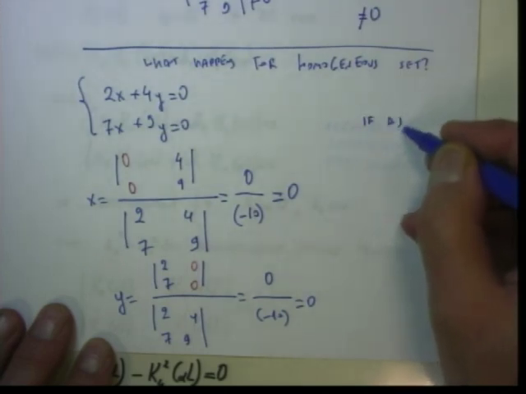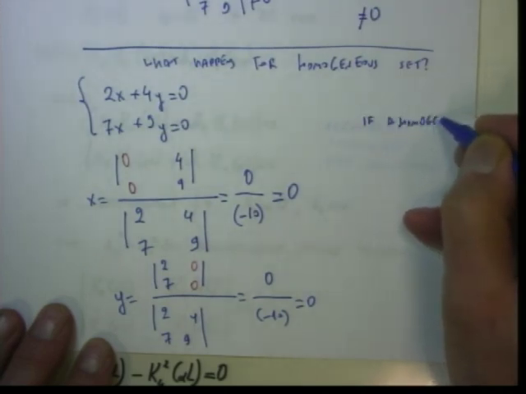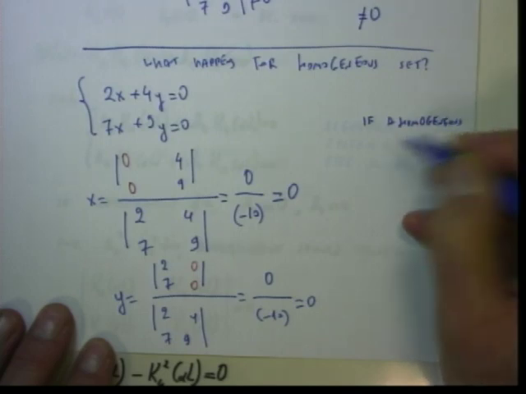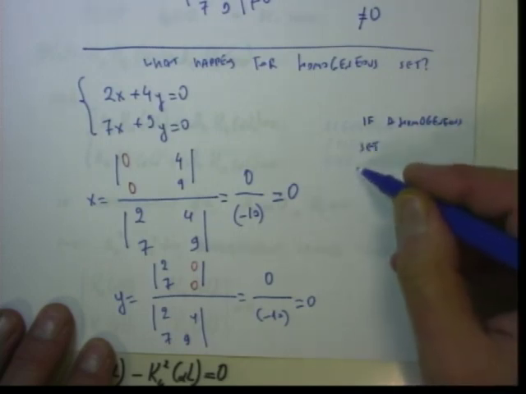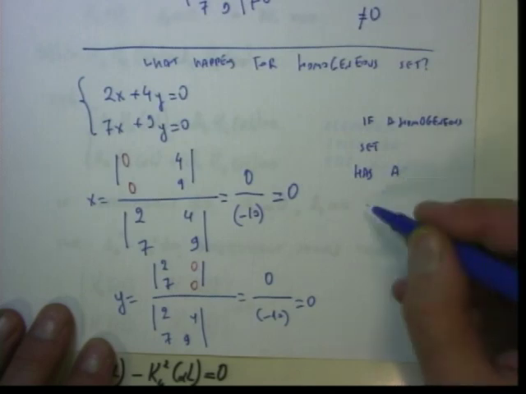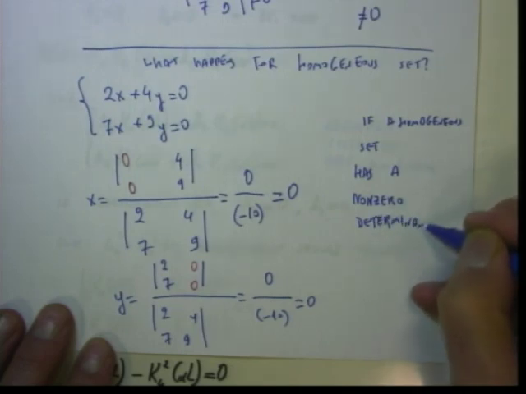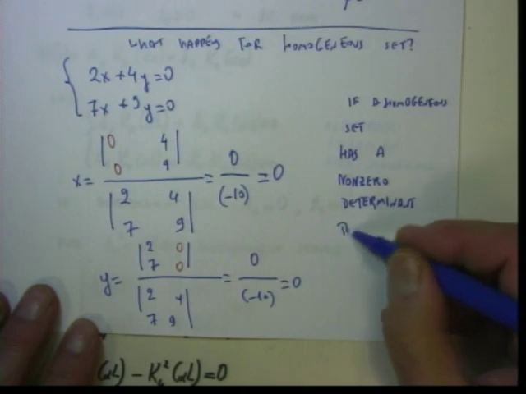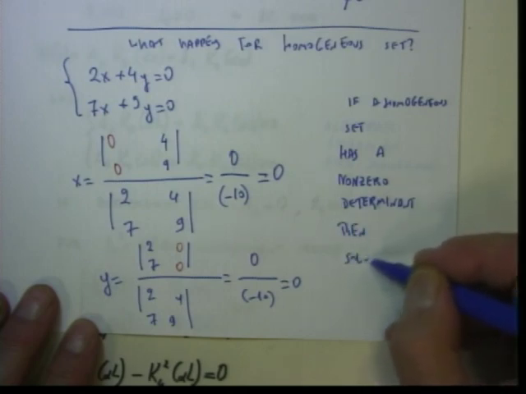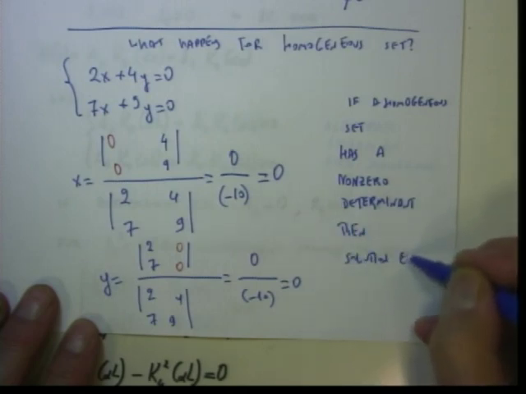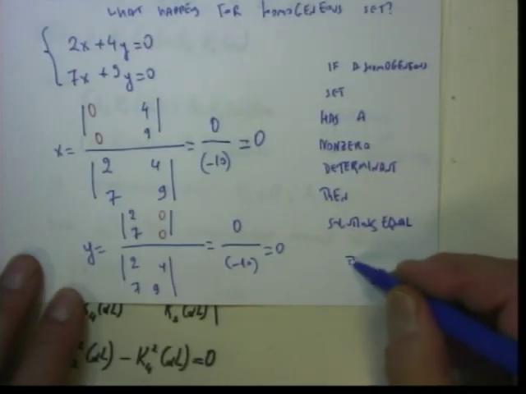If a homogeneous set has a non-zero determinant, then the solutions equal 0.